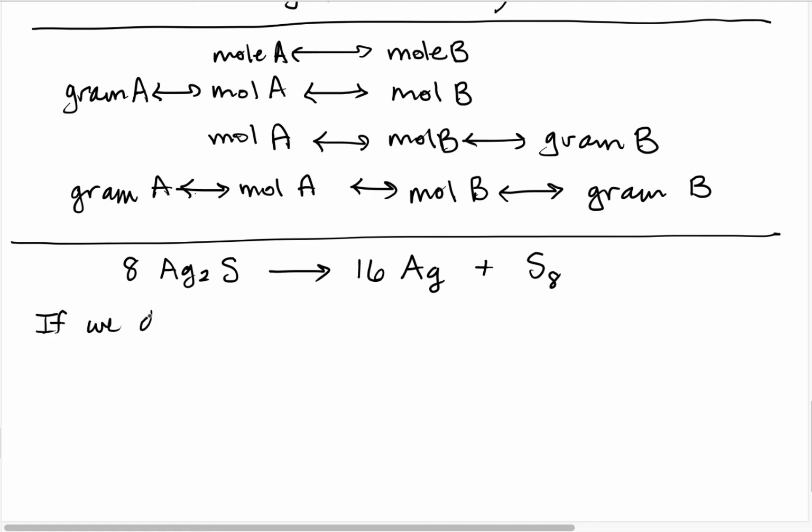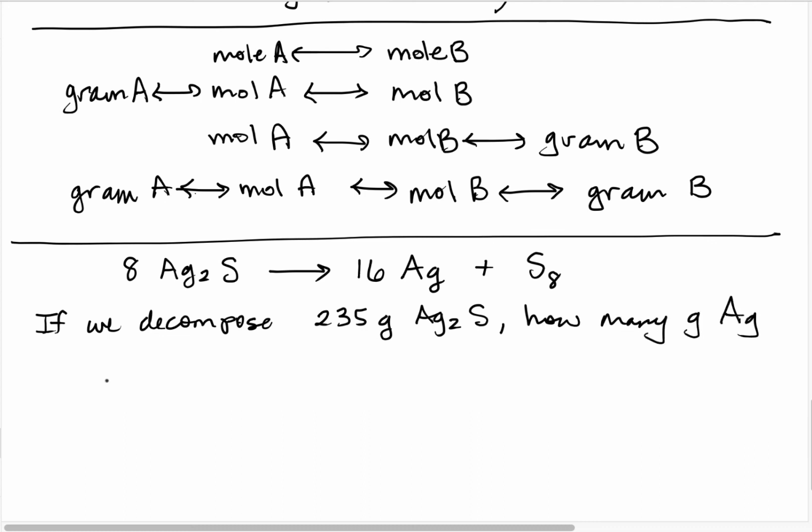If we decompose 235 grams of Ag2S, how many grams of silver can we collect? All right, I want you to pause the video and see if you can set up this problem and solve it without me doing it.